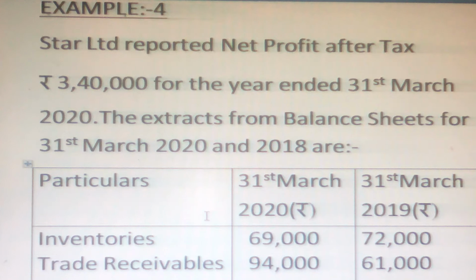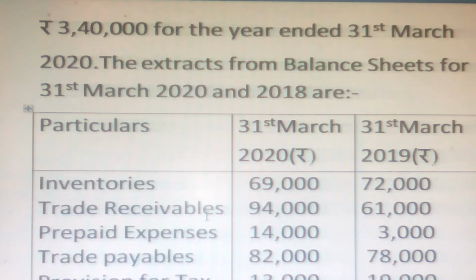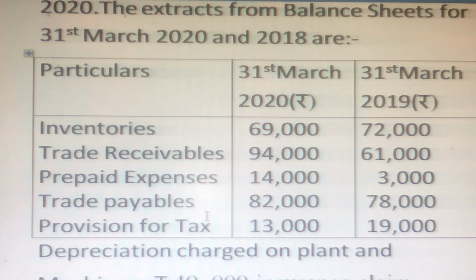Then we have the next one. Star Limited reported net profit after tax of 3,40,000 for the year ended 31st March 2020. The extract from the balance sheet for 31st March 2020 and 2019 is given, with both figures.